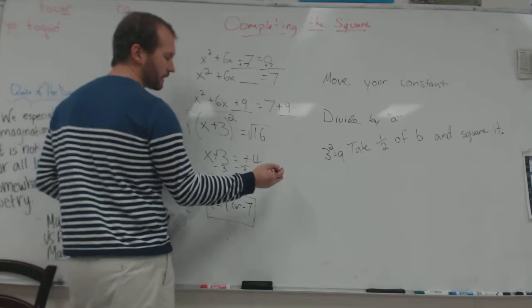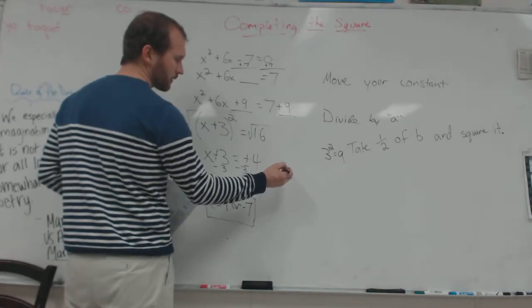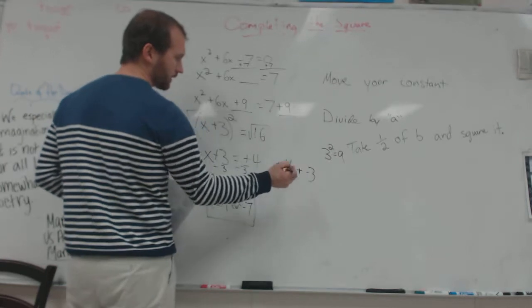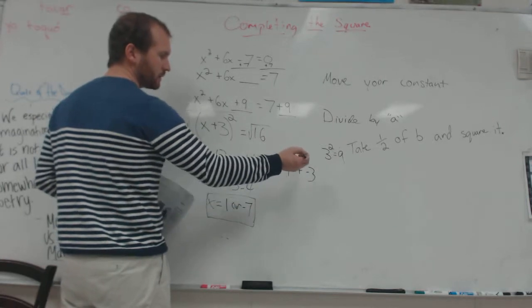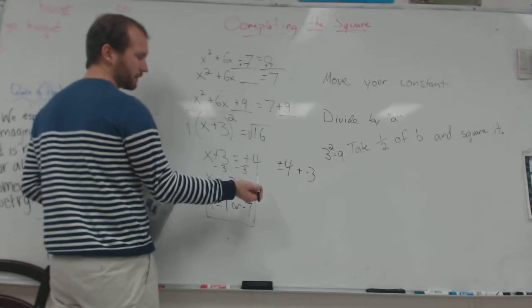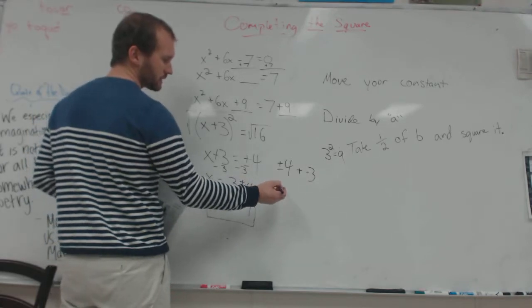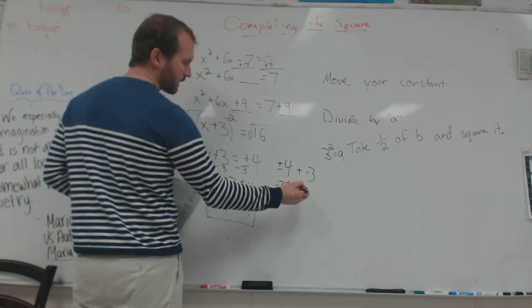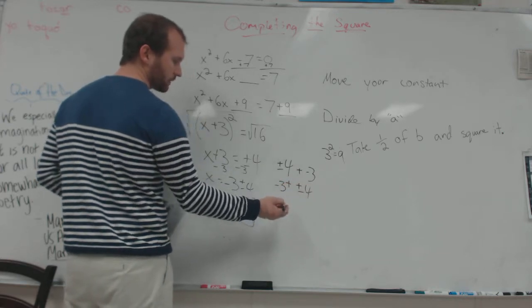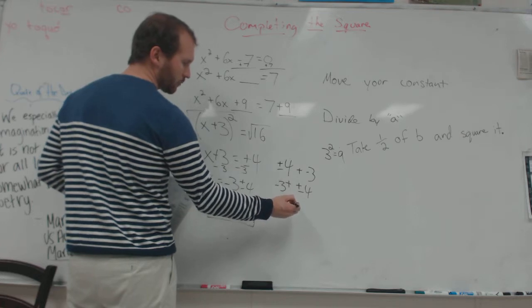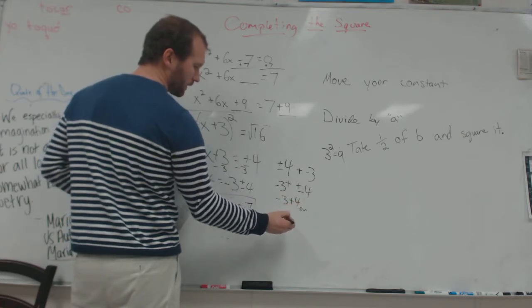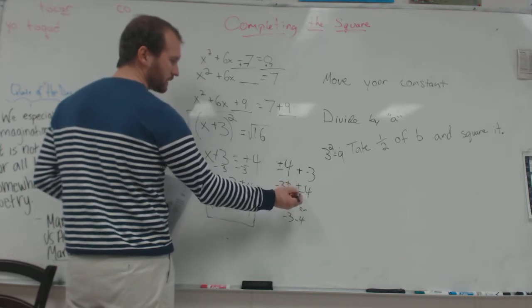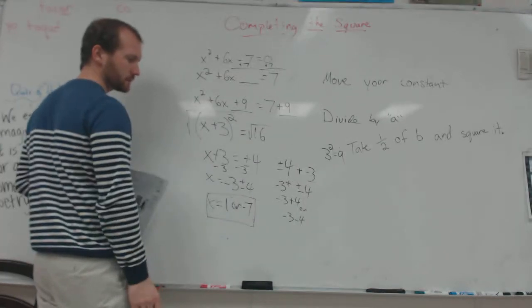And if I were to really write this out, I have plus or minus 4 plus a negative 3. And then I'm using the commutative property of addition. So I say negative 3 plus either a plus 4 or a minus 4. So negative 3 plus 4 or negative 3 minus 4, because plus a negative is minus.